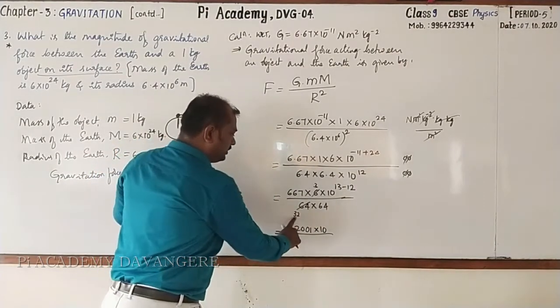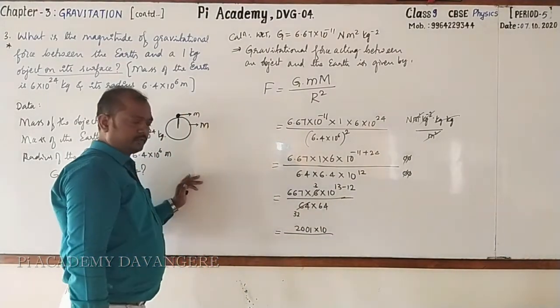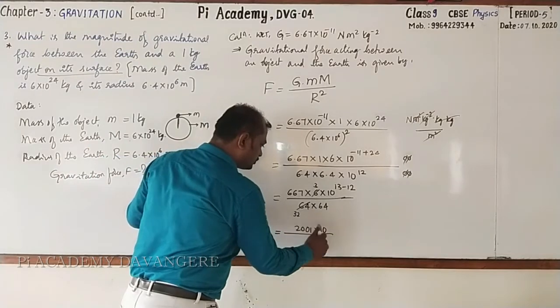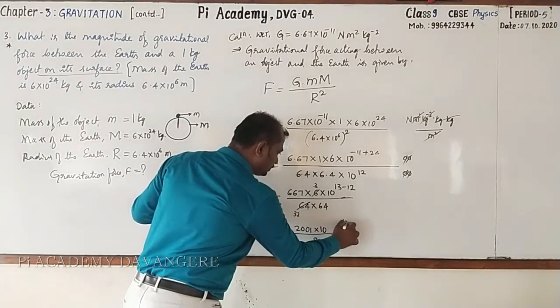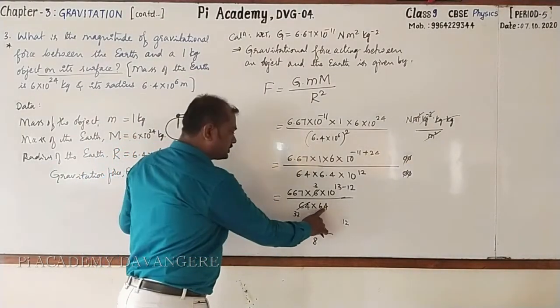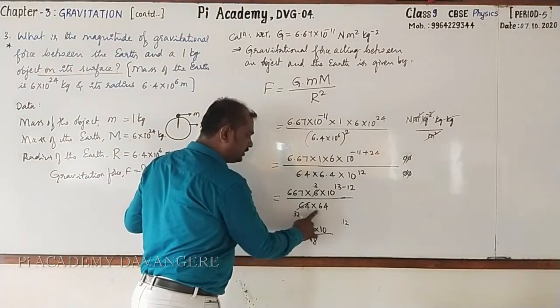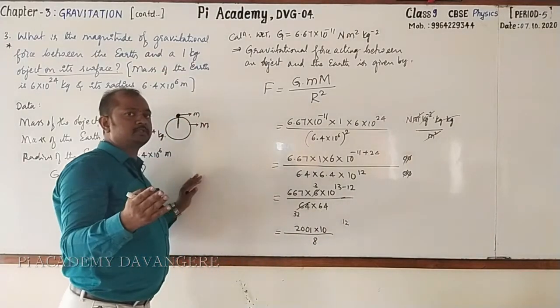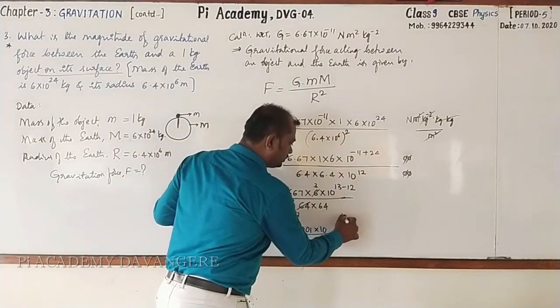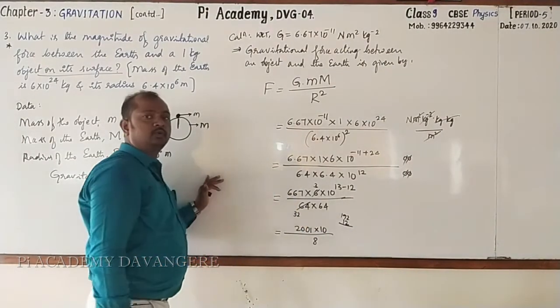Now multiply 32 and 64. Now 64 2s are 128. 12 is the carry. 64 3s are 192. 192 plus 12 is 204.